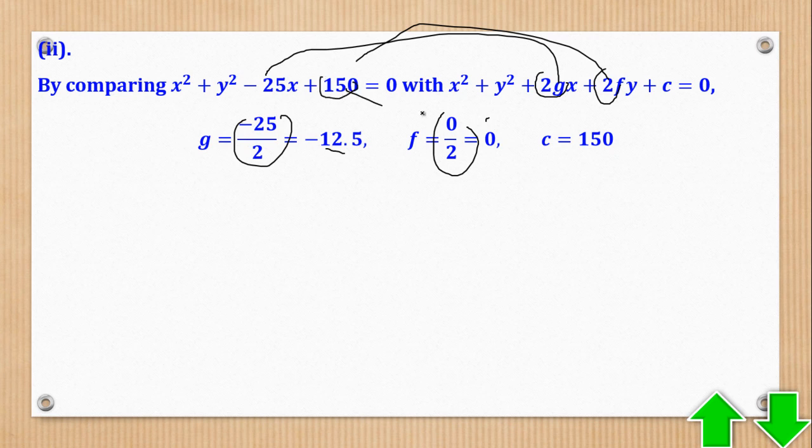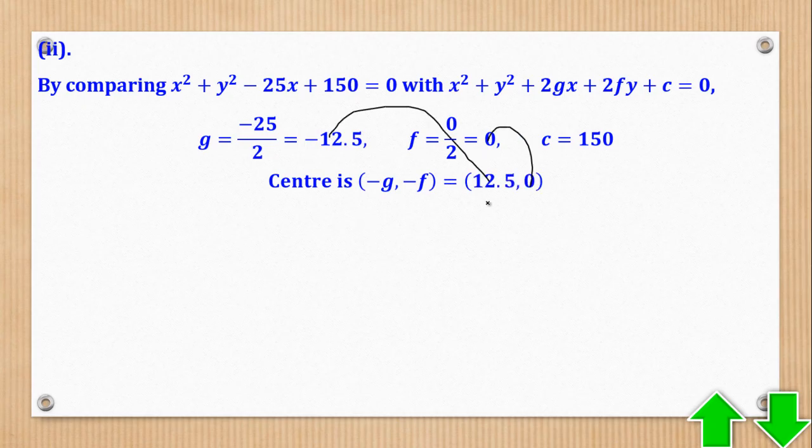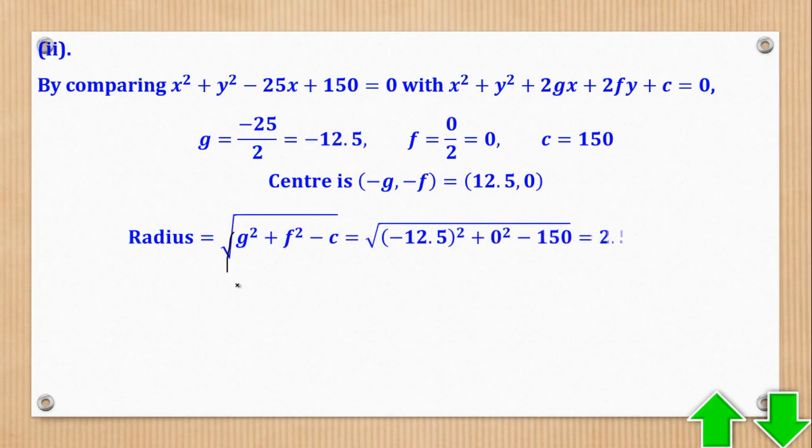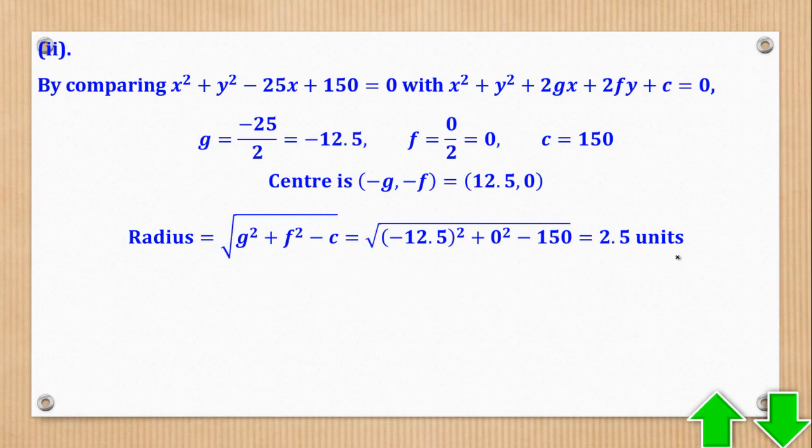C is this constant, which is 150. Therefore, the center is negative g, negative f, to give you 12.5, 0. Then the radius is given by this expression, substitute for g, f, and c to come up with 2.5 as the radius. And that's what they wanted.